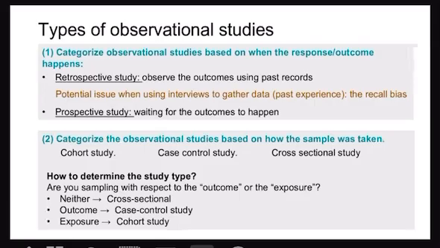Cross-sectional is more or less, I'm going to go into the population blinded. I'll just choose the sample size randomly. I don't know whether they have the disease. I don't know whether they are exposed. But from the information I'm going to get from them, I will be able to reclassify. That's what I mean.